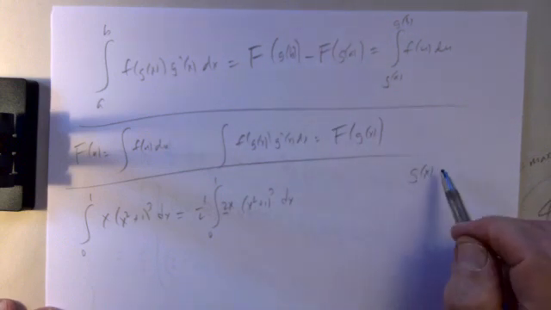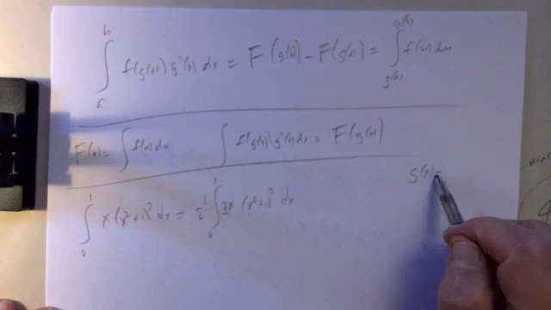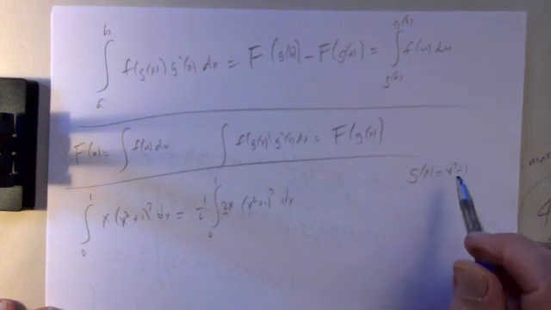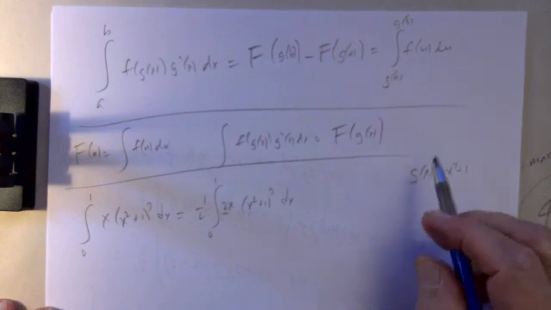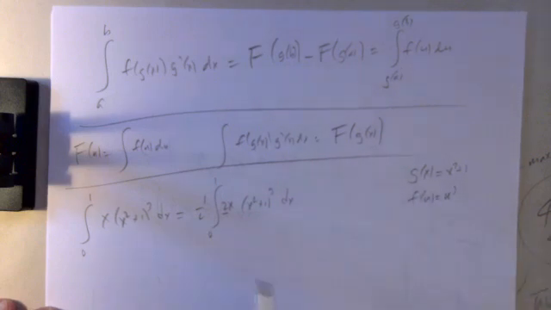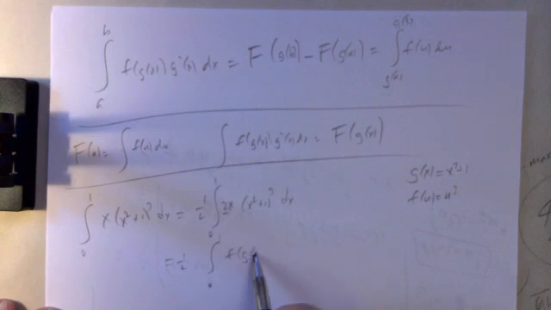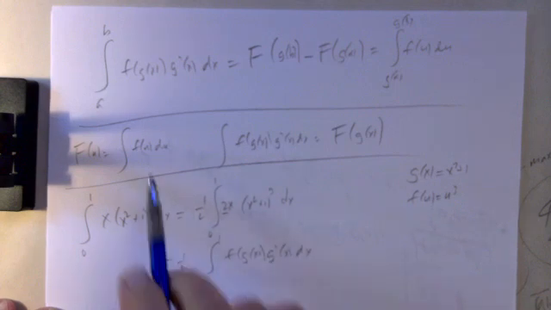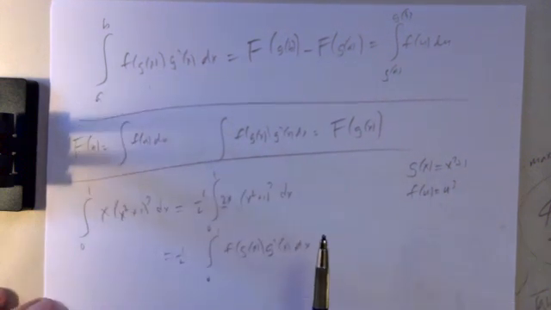So if I let g of x equal x squared plus 1, and f of u is u cubed, this is 1/2 the integral from 0 to 1 of f of g of x, g prime of x dx. It's exactly in this form, where now a is 0 and b is 1.